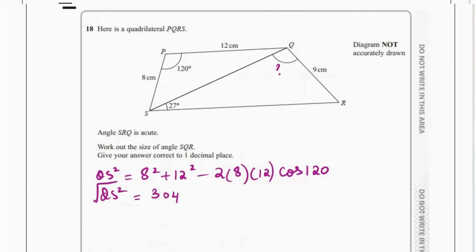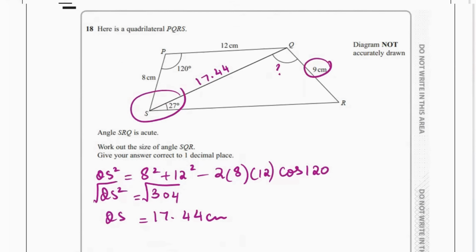So now we square root both sides and QS turns out to be 17.44 centimeters. So we can see that we have one complete pair of angle and length. So we can use this information to find the third angle, and then using that we can find angle Q.